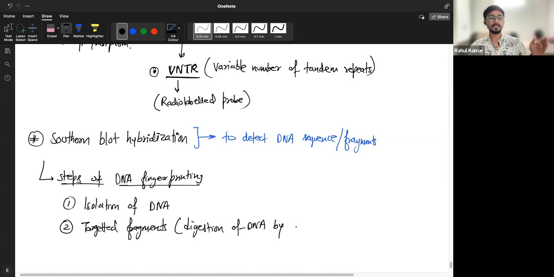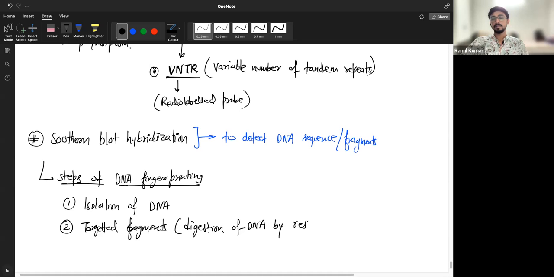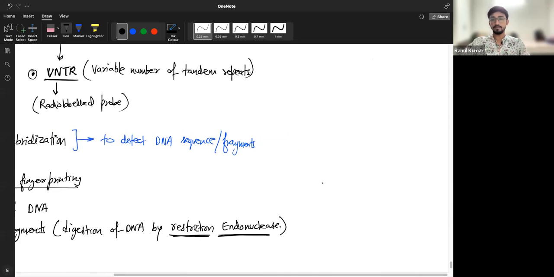So digestion of DNA by the enzyme called RE, restriction endonuclease. It's called endonuclease because it cuts the DNA from within.